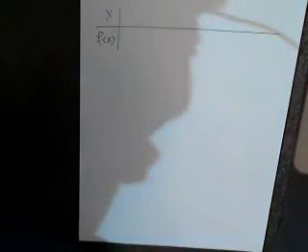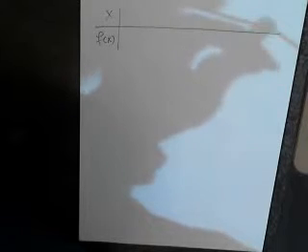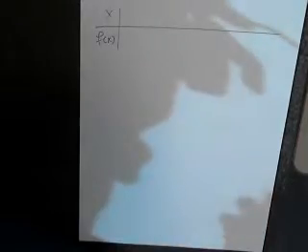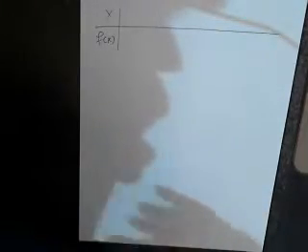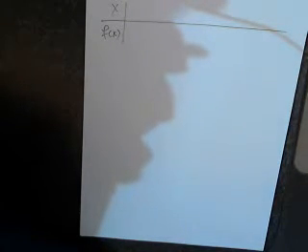I saw vertical asymptotes for polynomial functions. That's not possible, right? Polynomial functions are very simple, continuous functions, no asymptotes whatsoever. Rational functions have asymptotes, horizontal or slant or vertical, but not polynomial.